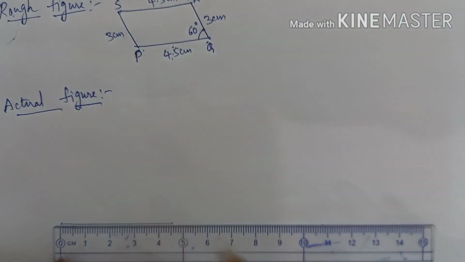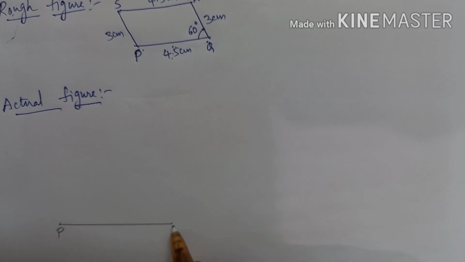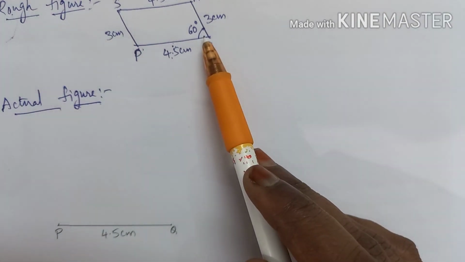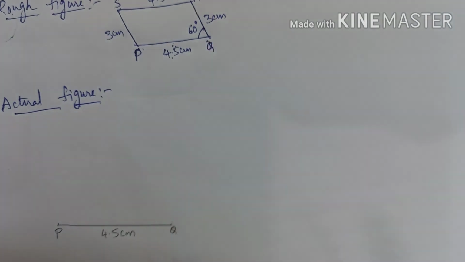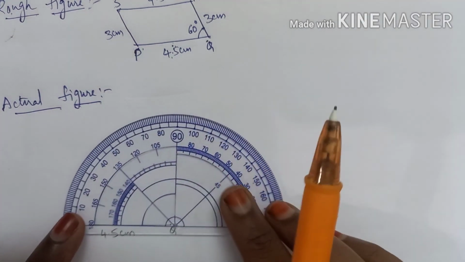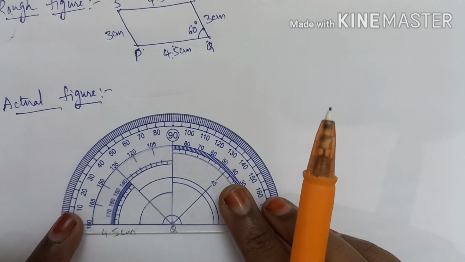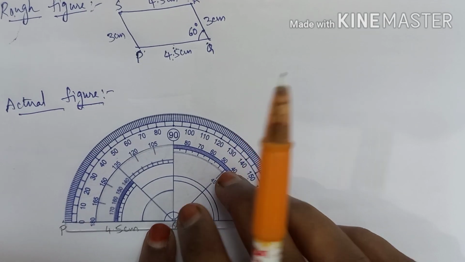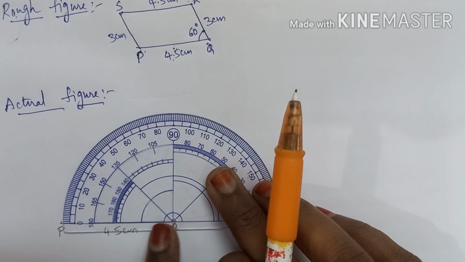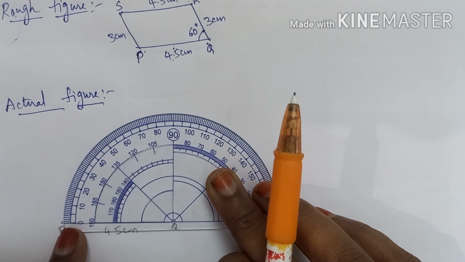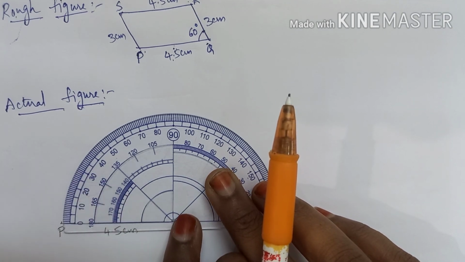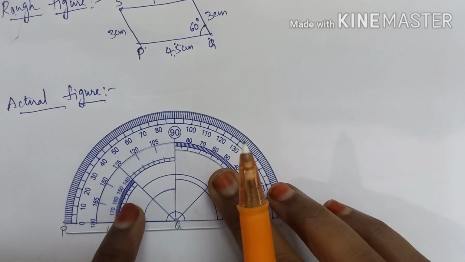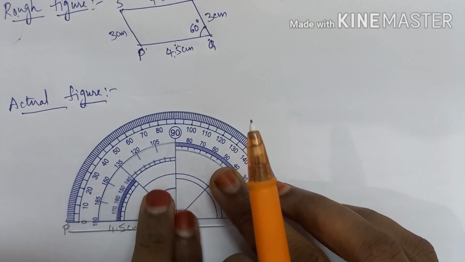Draw a line segment and name it PQ, 4.5 centimeters. Now we have to construct angle 60 degrees at Q. So let us take the protractor and draw the angle 60 degrees. See here. Here the line is in this way. So we have to count 0 from here.